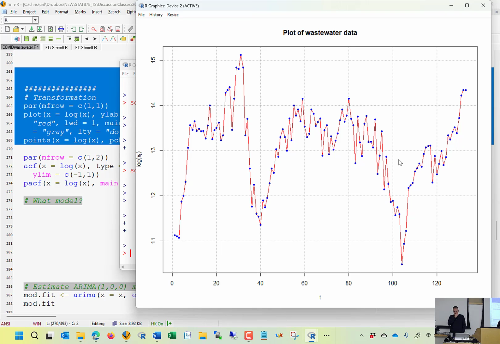Do you think we have any non-stationarity with respect to the mean? Now, take into account we do obviously have some correlation in our data. Do you think I have non-stationarity in the mean?